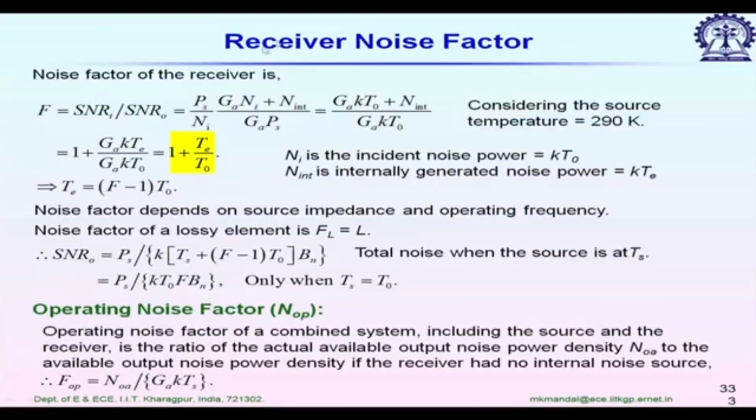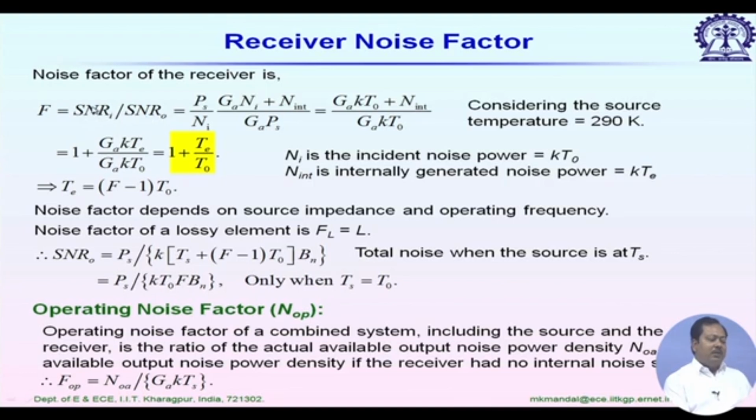In general, first let us define the noise factor of a two port network. Noise factor F is the ratio of the signal to noise ratio at the input terminal divided by the signal to noise ratio at the output terminal. So, SNR at the input divided by SNR at the output.